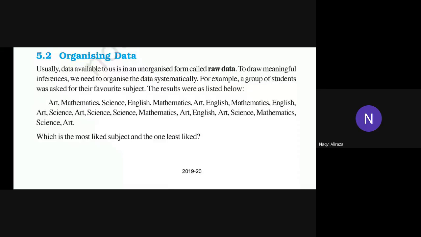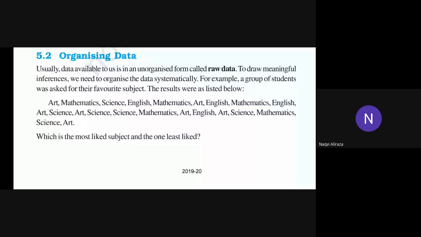But if you want to collect this data in the form of an organization, we have to put all the individual data in one table. How can we prepare the table? Please see here.